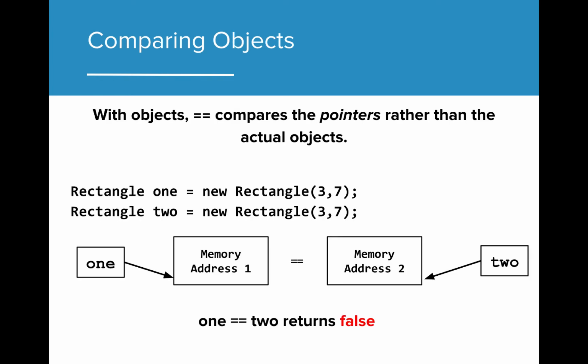With objects, however, because the variable is pointing to a location, the use of double equal sign is not possible, as the memory address is being compared between objects, not the actual values.